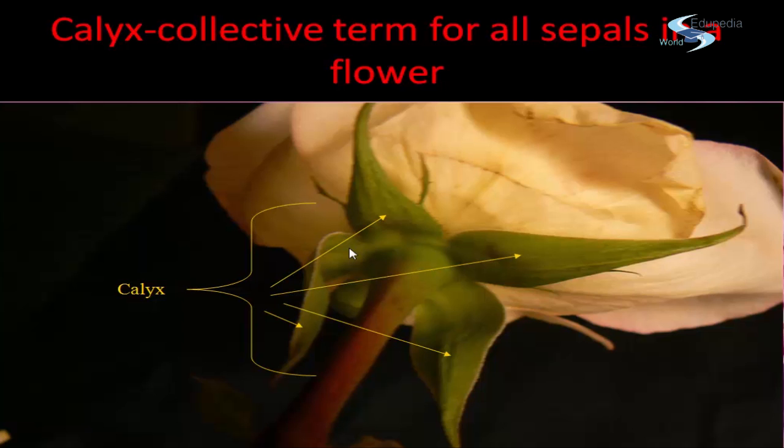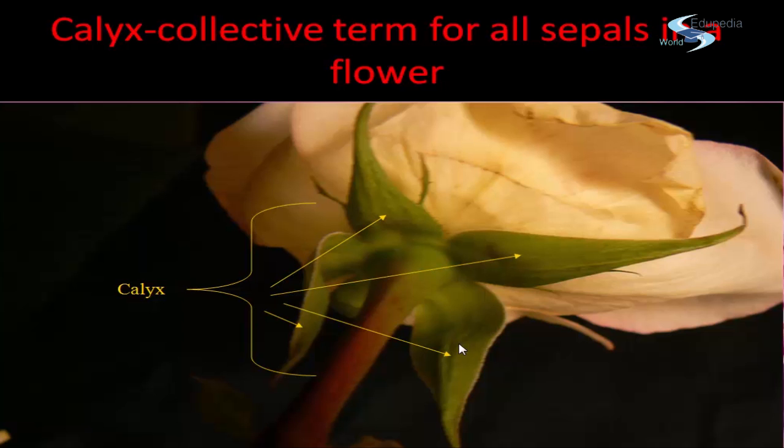Now what if one asks you about the function of flower sepals? When a plant is ready to produce a flower, the first step is the formation of sepals. Sepals grow out from the top of the stem. They form a tightly closed structure, often referred to as a bud, very compactly arranged.